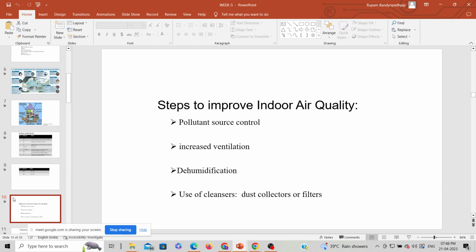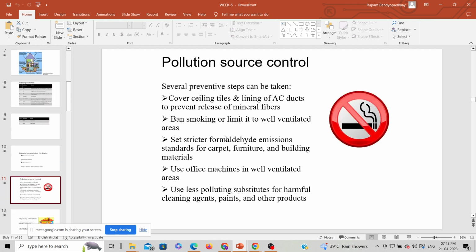You can improve indoor quality by pollutant source control, controlling at the source. You can increase ventilation, use dehumidification, and use different cleaners, dust collectors, and filters. These are some common pollutant source control measures. You can ban smoking or limit smoking to well ventilated areas.